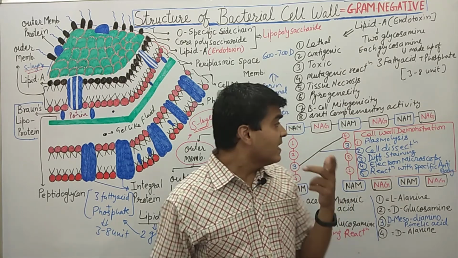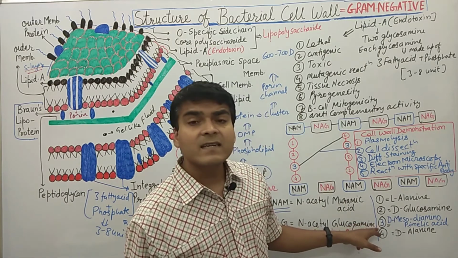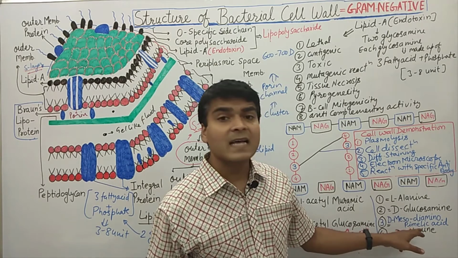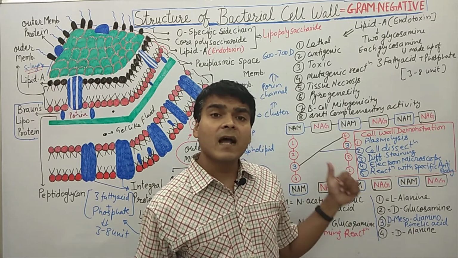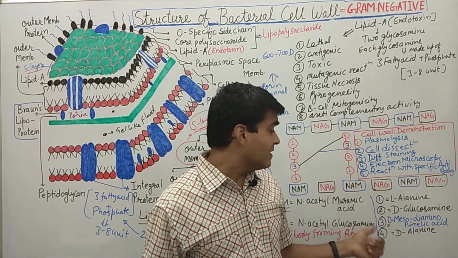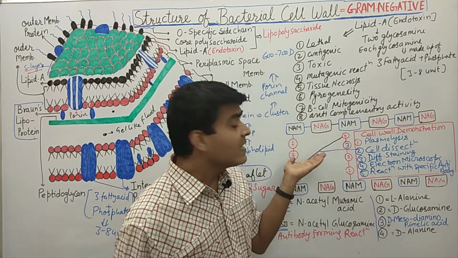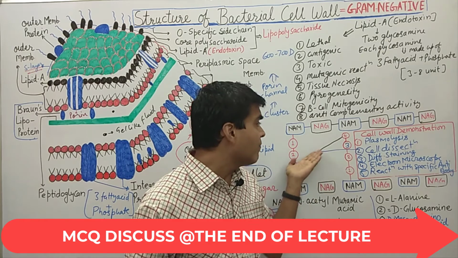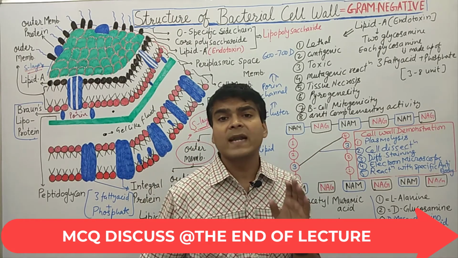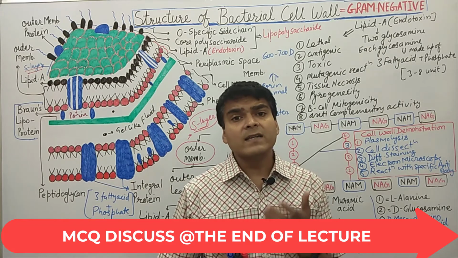Second difference: the third amino acid in the tetrapeptide in gram-negative bacteria is D-diaminopimelic acid, and in gram-positive bacteria it is lysine. And in gram-negative bacteria we only find the covalent bond, and in gram-positive bacteria we find a pentaglycine bridge.